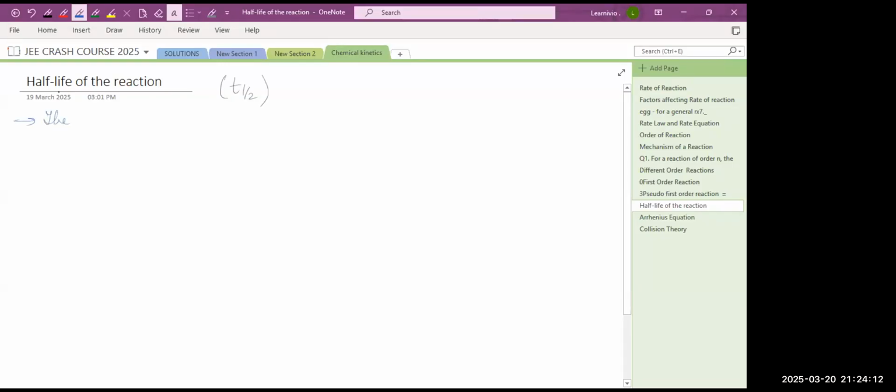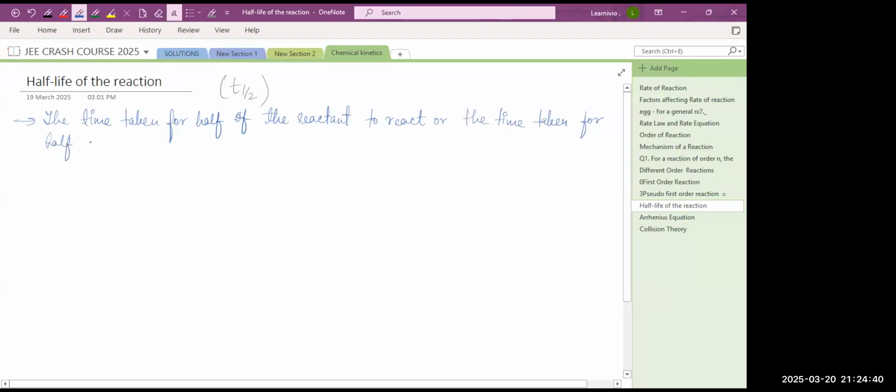So what will be the definition? I'm sorry, I'm not well today. The time taken for half of the reactant to react, or you can say the time taken for half of the reaction to get completed.